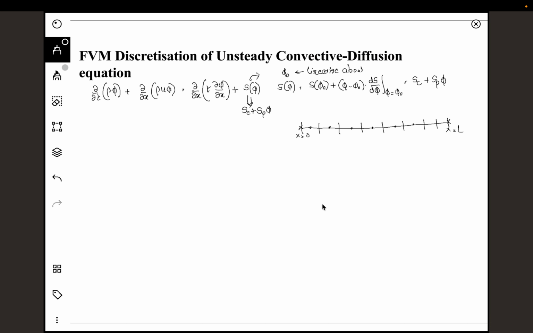The nodes will align with the cell centers. If this is my current cell P, then I have an east cell, a west cell, and for the face centers I'll use little e and little w. So this is the way we can discretize our domain.